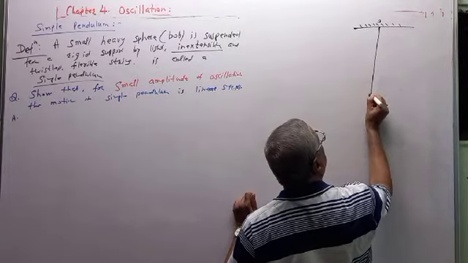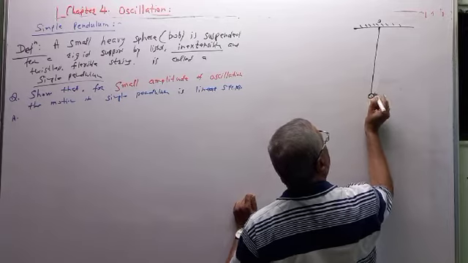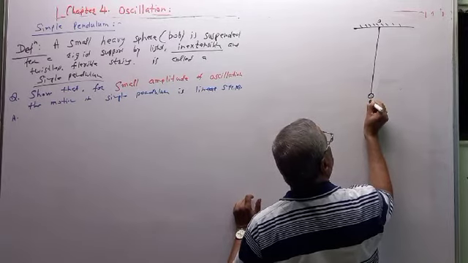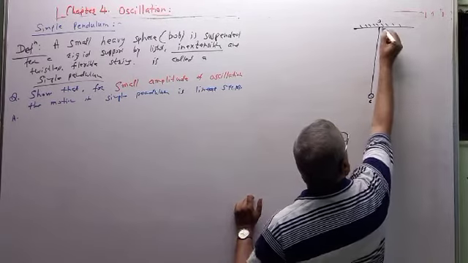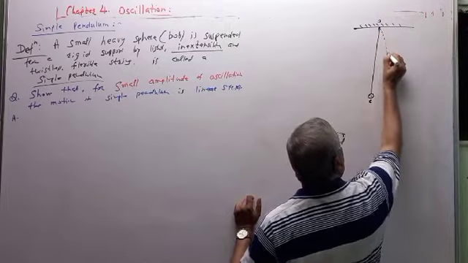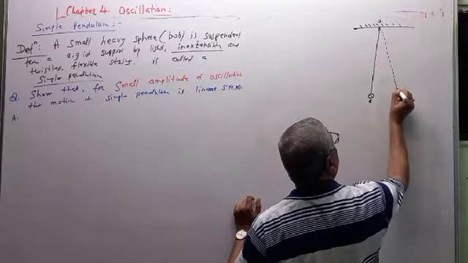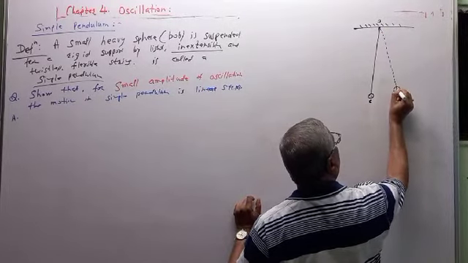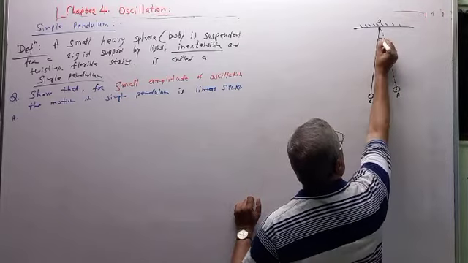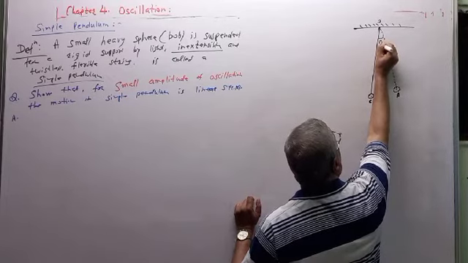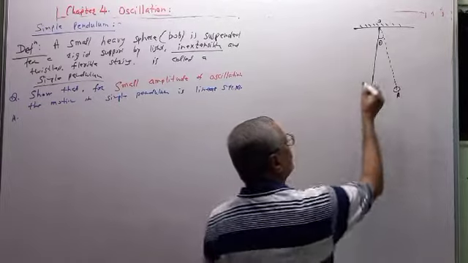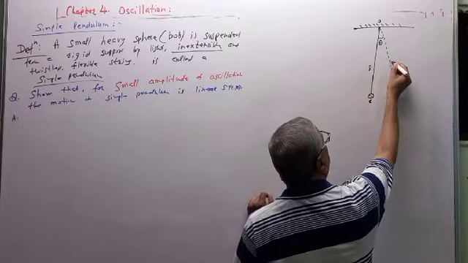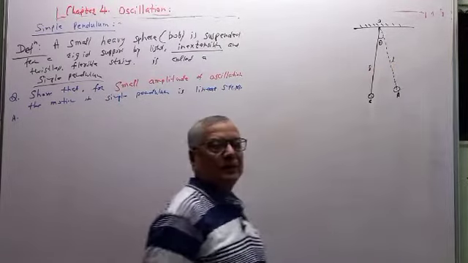So this is the center of gravity of the bob. This position we will call it C. This is the deflected position. There is no change in length. A. This angle of deflection is theta. So this length is L. This length is L. There is no increase in length.